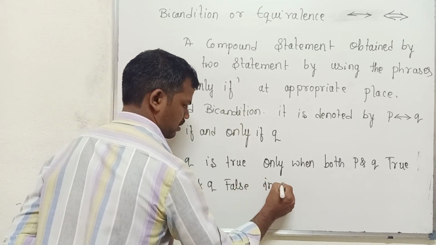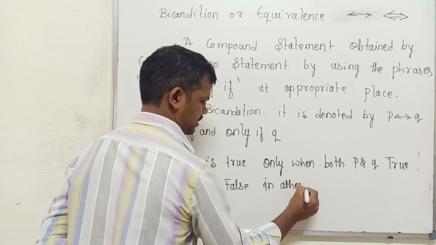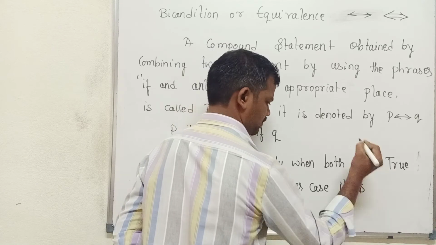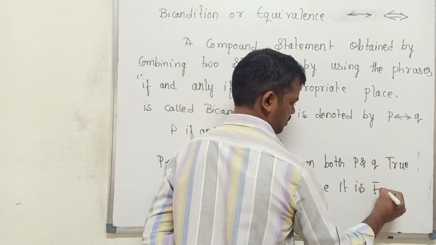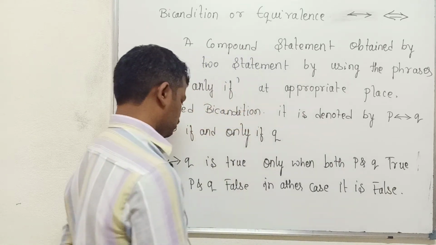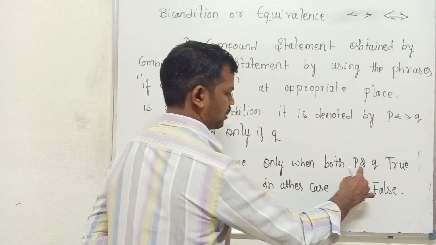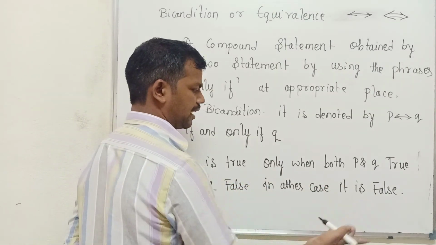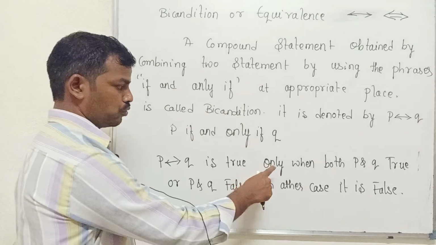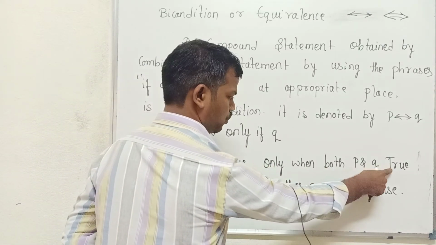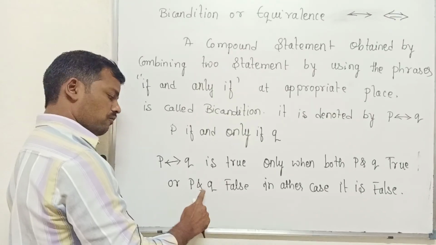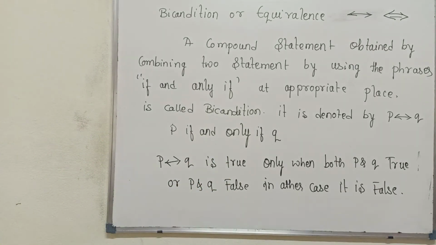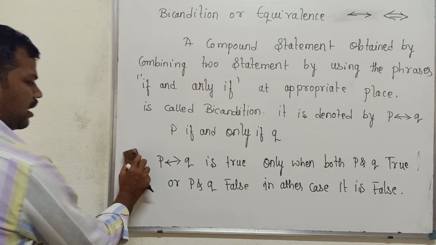In other cases it is false. So when is it true? When both are true, it is true; when both are false, it is true. In the remaining cases it is false. So this is about the truth value of the given compound statement, if and only if.